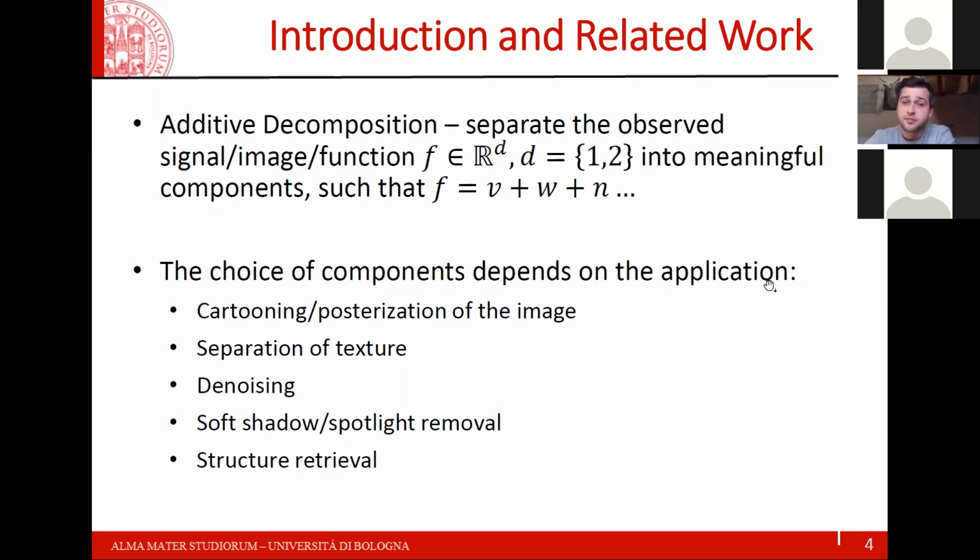The choice of these components depends, however, on the application we want to use it for, since we can look for cartooning or posterization of an image, or separation of a texture, or just a simple denoising, then soft shadow or soft spotlight removal, or to retrieve the structure underlying in the observed signal.